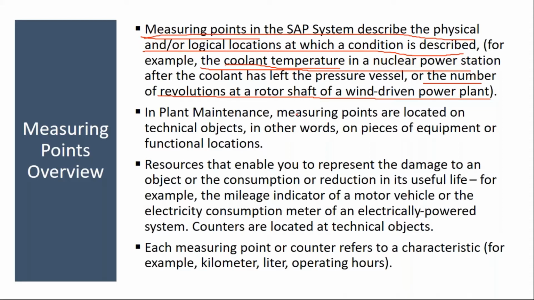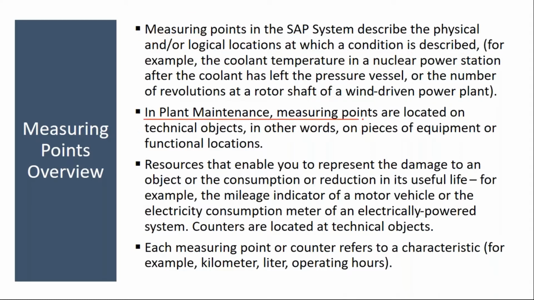So if you want to take a reading, then you need a measuring point in the SAP system. In plant maintenance, measuring points are located on the technical objects. So normally you create the measuring points for the technical objects, nothing but equipments.